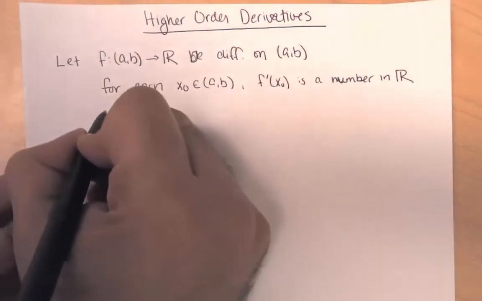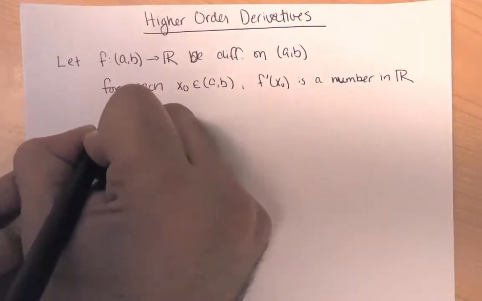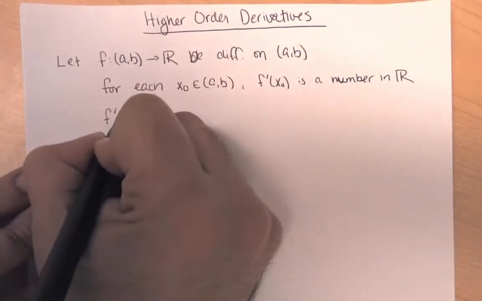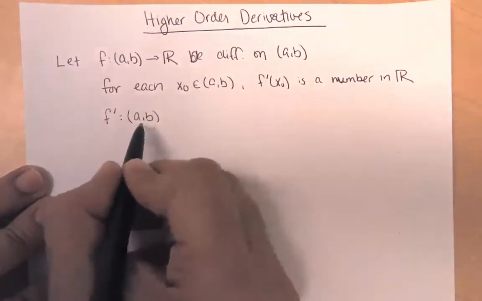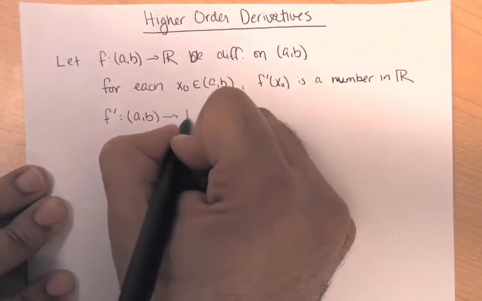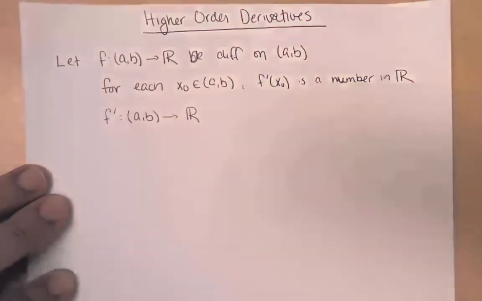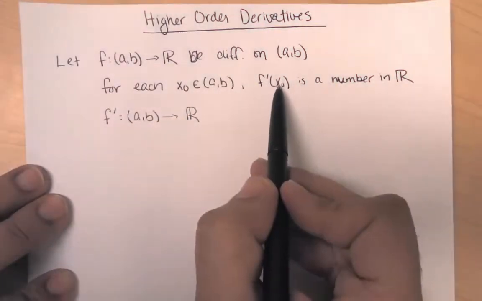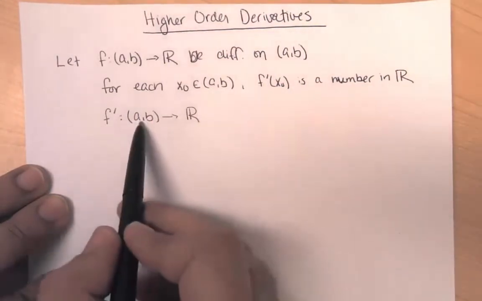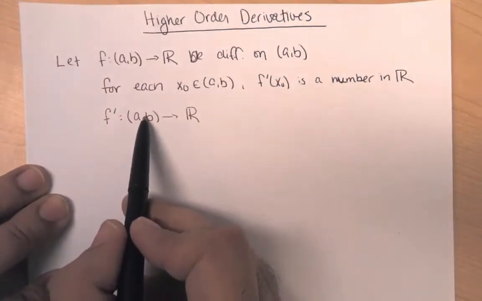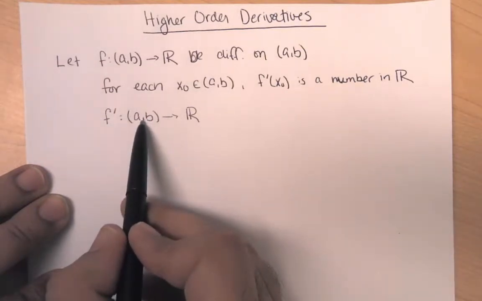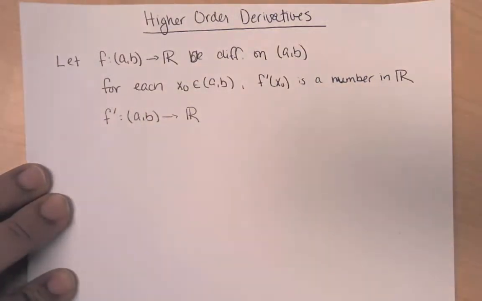The derivative function f prime is a mapping from the domain where I'm differentiable to R. So f prime of x naught is a number. At each x in (a, b), I get a different number. Well, that's a mapping from the interval (a, b) to R.